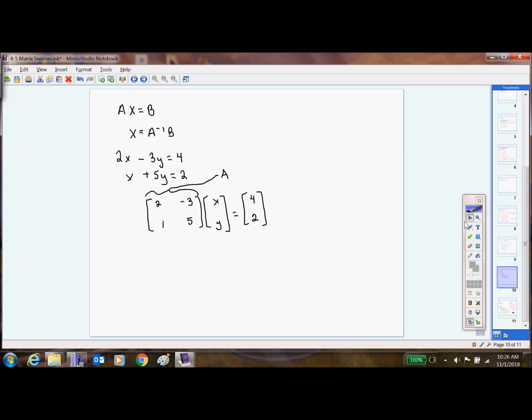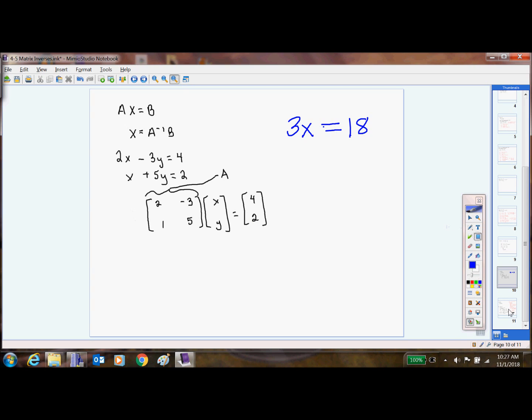equals then the 2 in this spot. Now, just like if you had something simpler, like 3x equals 18 and you wanted to solve this, you would do an inverse of the 3. You would do an inverse operation. The inverse operation of multiplication is division, so you would divide by 3. The inverse operation, though, for a matrix multiplication would be to multiply times A inverse. So if we multiply both sides by A inverse, we would find the answer to this system.